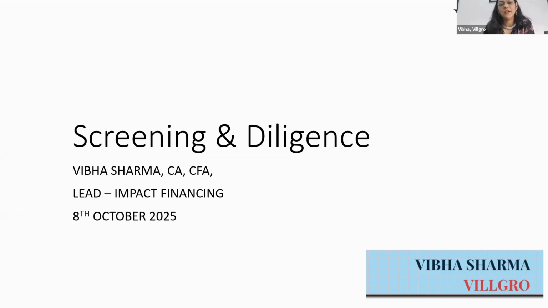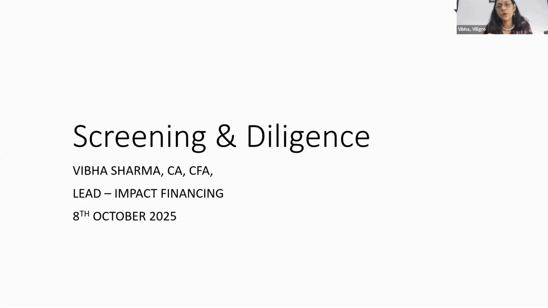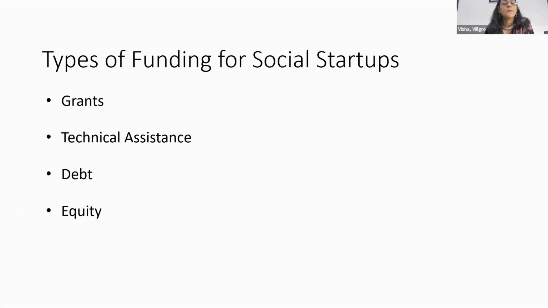Fabulous. So I'll walk you through how we do it at Villgro. I'll give you a very brief overall process, but then I will go deeper into how we look at financial diligence. In terms of the kind of funding that we do, we only work with for-profit social enterprises, so we don't work with not-for-profits at Villgro. In terms of incubation, we have grants, technical assistance, debt, and equity.